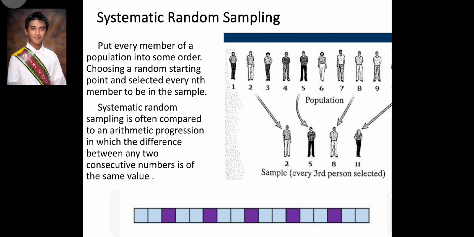For example, in that 100, we choose every third person selected. So whoever belongs to that number in the master list is included as our sample. The rest will be part of the population, but we choose the sample systematically.